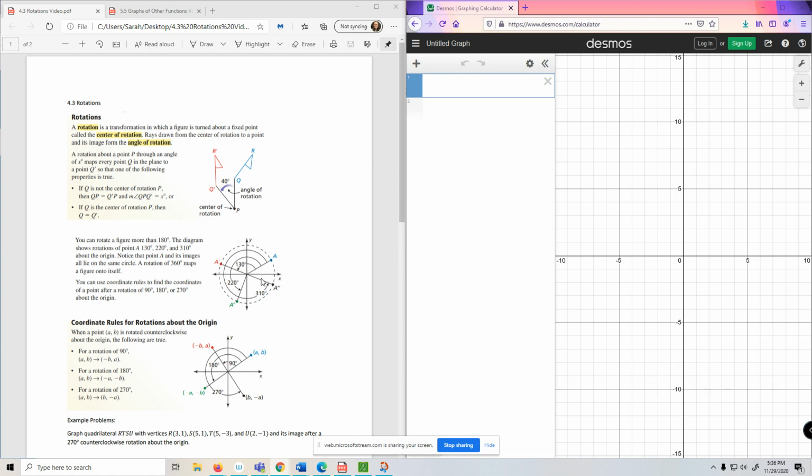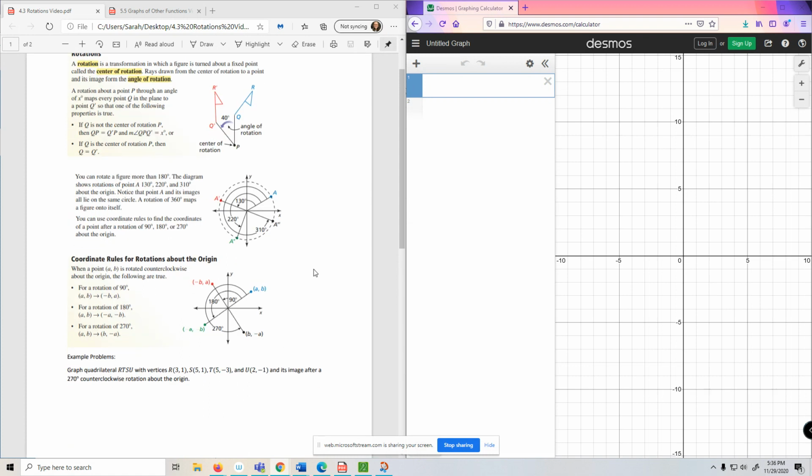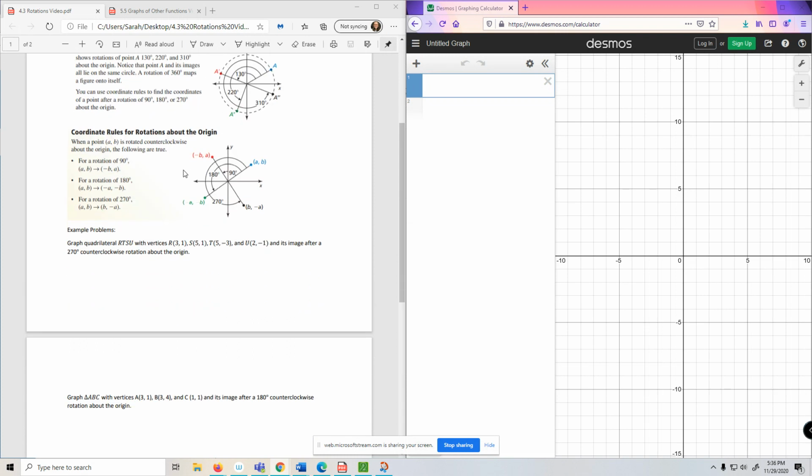So, just like we had some coordinate rules for reflections, we have some for rotations. If I am rotating 90 degrees counterclockwise about the origin, so I'm starting this blue point (a, b), if I'm rotating it 90 degrees, the coordinates of that new point are (negative b, a). So we change the order and make the new x coordinate negative.